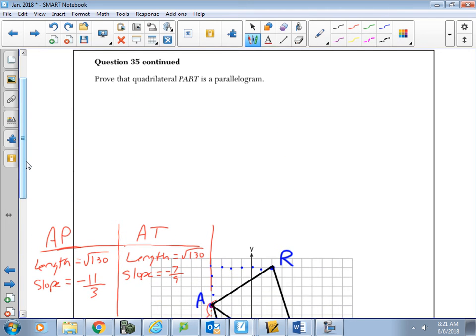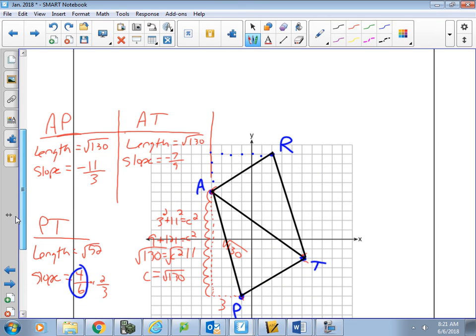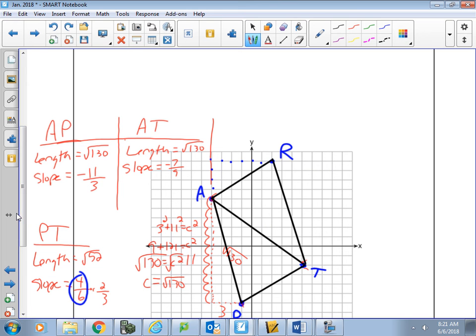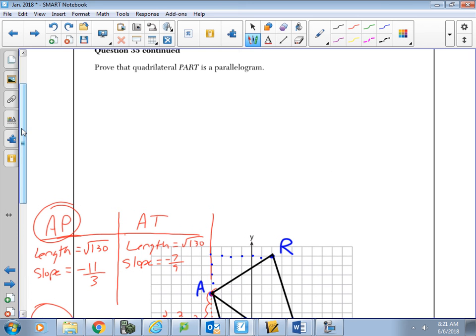All right, so let's look at one part of it, AP. We already found AP and we have PT. We actually already have two sides of it right here, AP and PT, right? So let's just write that up here. So AP, length is equal to that, and the slope is equal to -11/3.